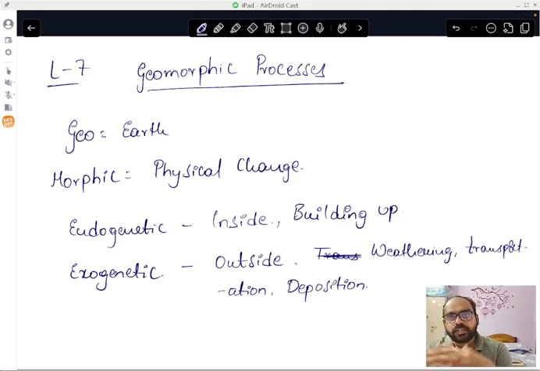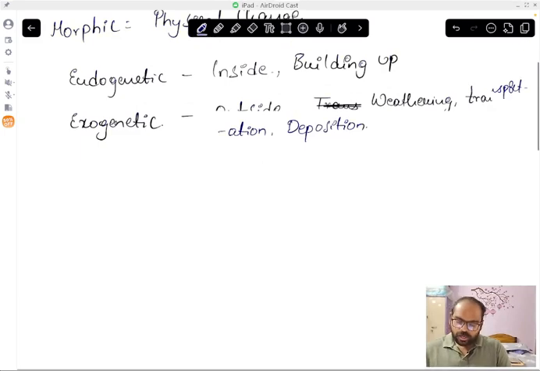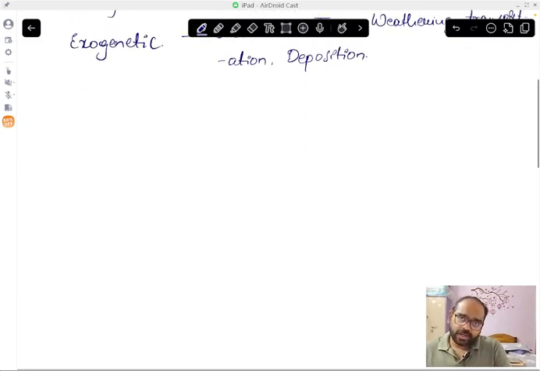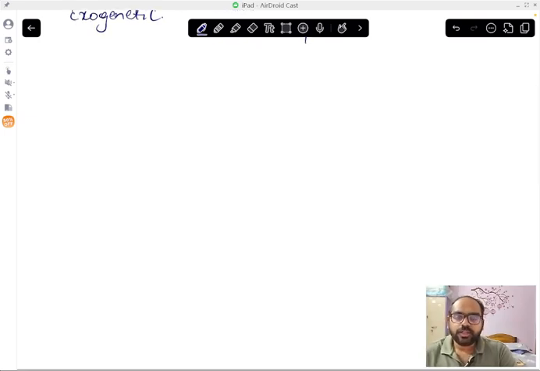For example, water weathers, that is ruptures, the Himalayan mountains, transports the deposits of the mountains, and settles them in the Indo-Gangetic plain. That is exogenetic forces. Endogenetic forces are responsible for building up, and exogenetic forces are responsible for gradation, the degradation of features.